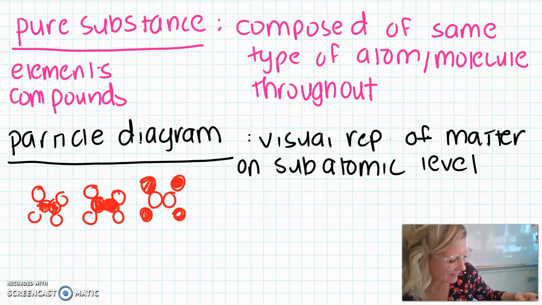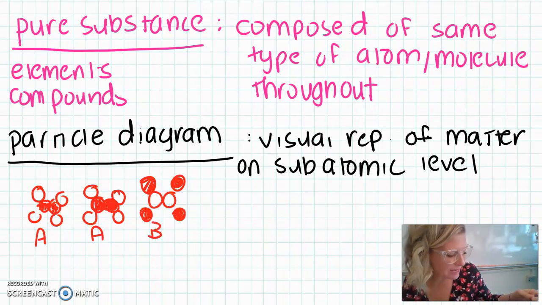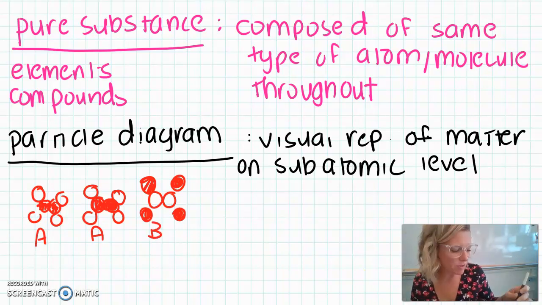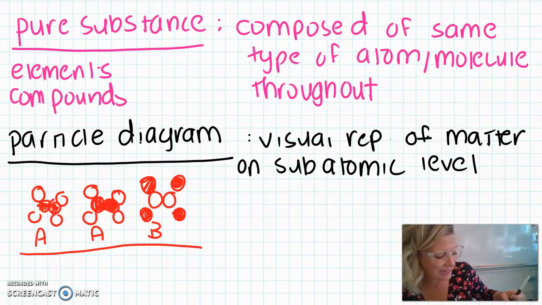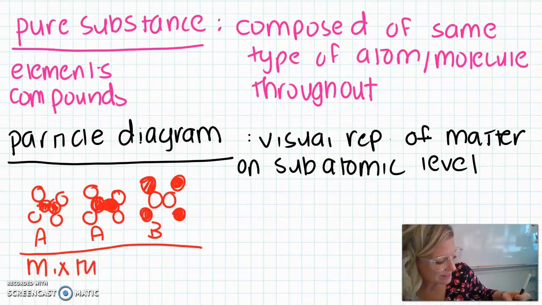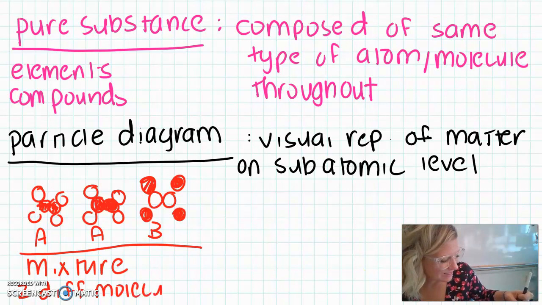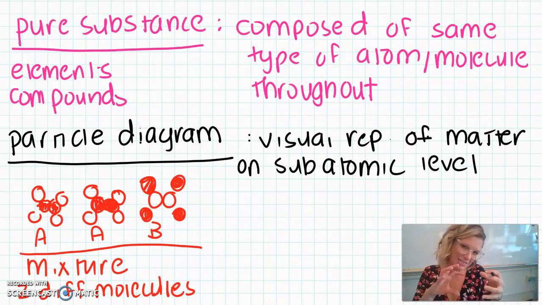So you notice that we have molecule A and molecule B, and they're all placed together in the same container. Now you have to look at it and ask, are these chemically combined or are they not? We have 2 different types of molecules not chemically combined. Therefore, this would be a mixture. Again, they are not sticking together.